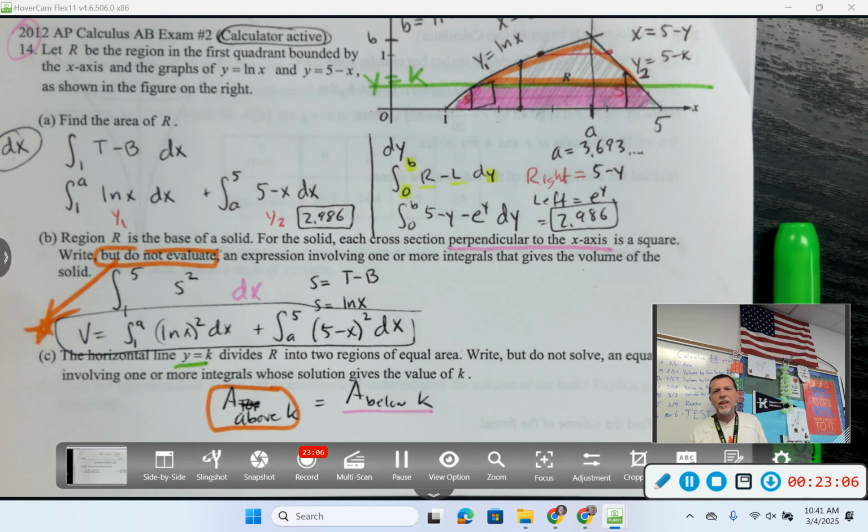How do you want to do this? dx or dy? There's a definite answer to this one. Do you want to do this one as a dx problem or a dy problem? Definitely a dy problem.